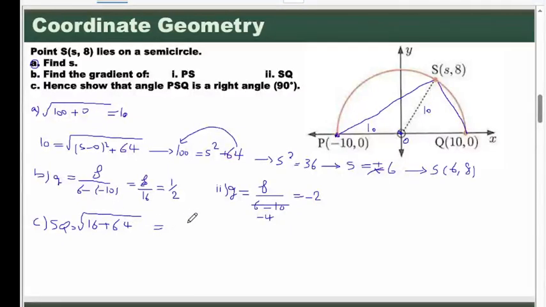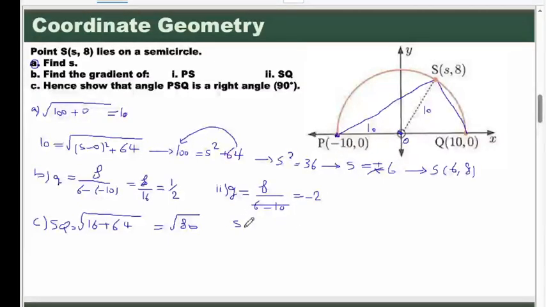That's 80, square root of 80. And now I will find distance SP.